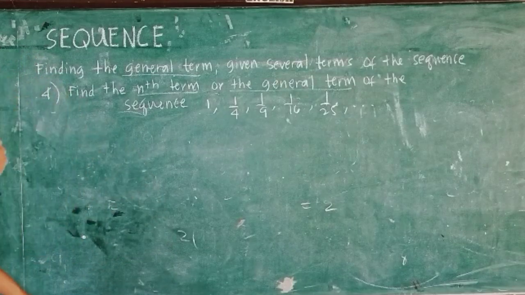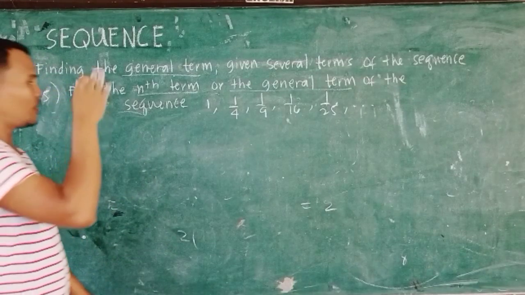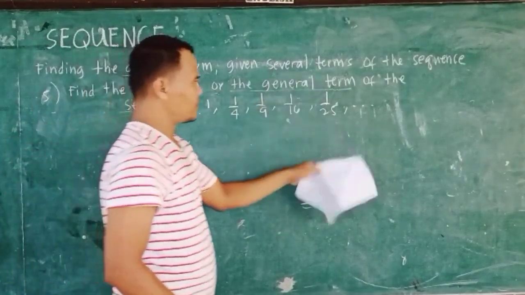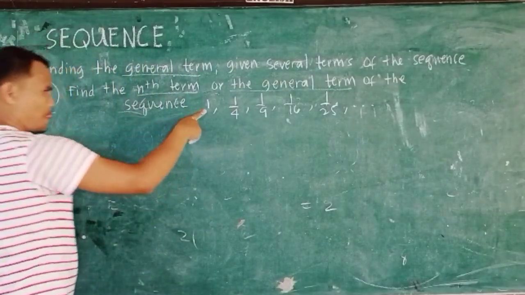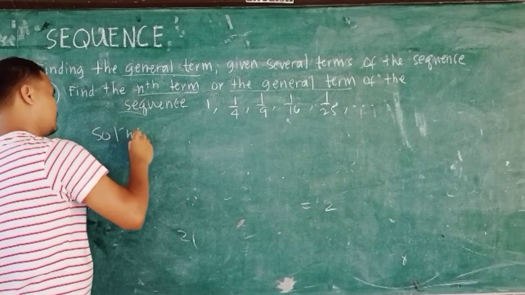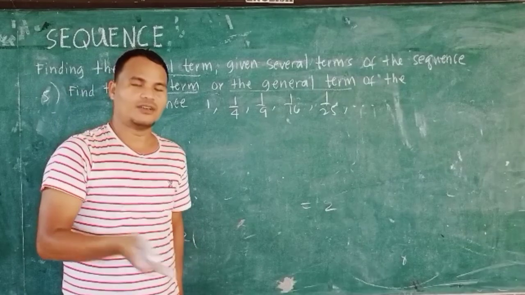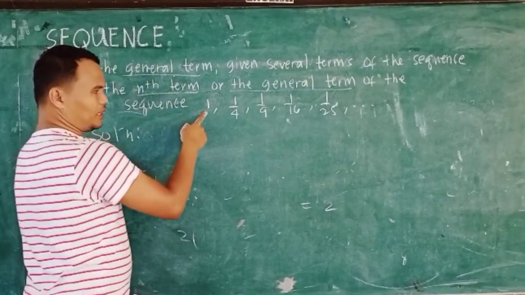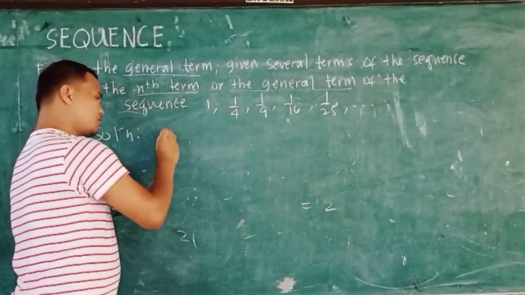Okay. Example number 5. Find the n-th term of the general term of the sequence 1, 1/4, 1/9, 1/16, 1/25, and so on. Okay, our first term is 1. Yun ako kanina, we must know the pattern, or we must observe the pattern. So 1, so 1/4, so fraction siya. But 1 can be written as 1/1.